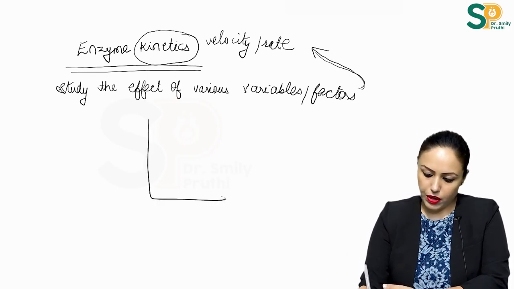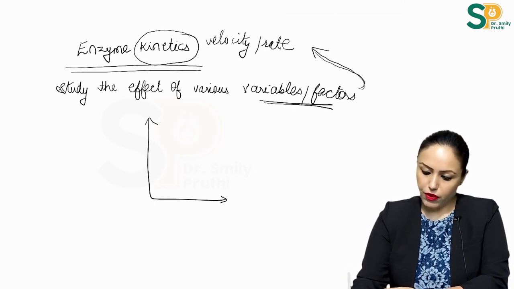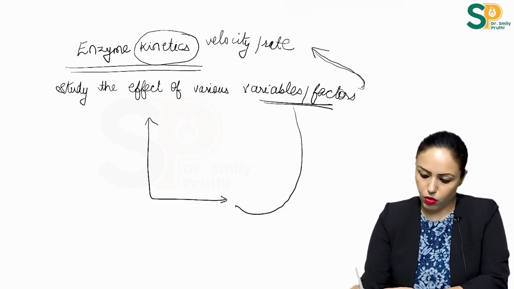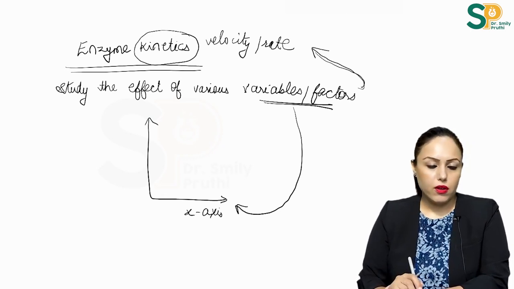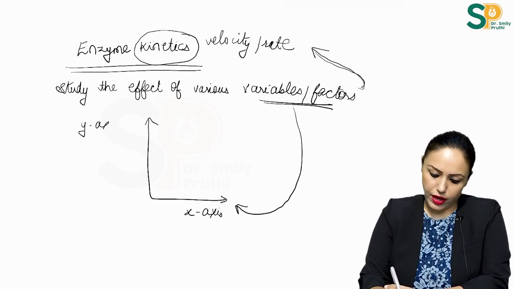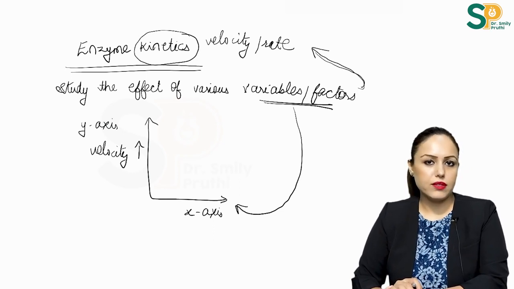Every time we make a graph, we'll take the factor or variable on x-axis, right? And on y-axis, velocity is taken. Velocity or rate taken on y-axis, right?